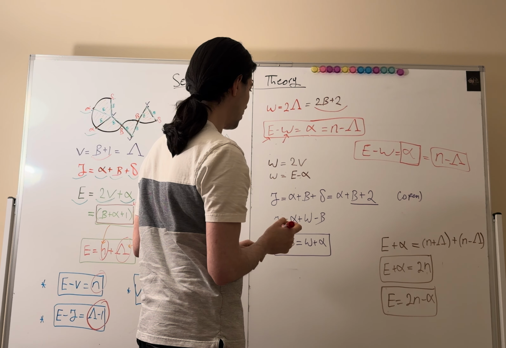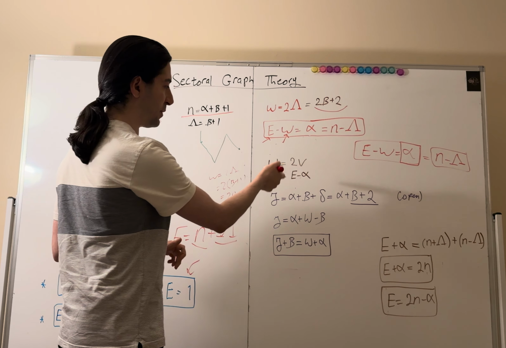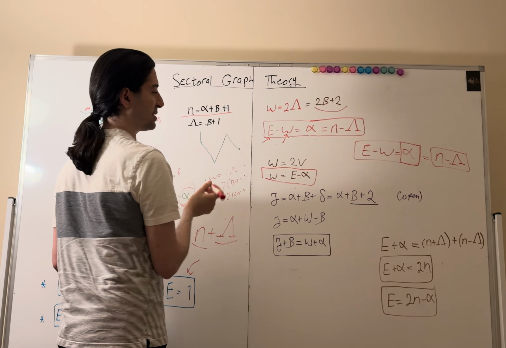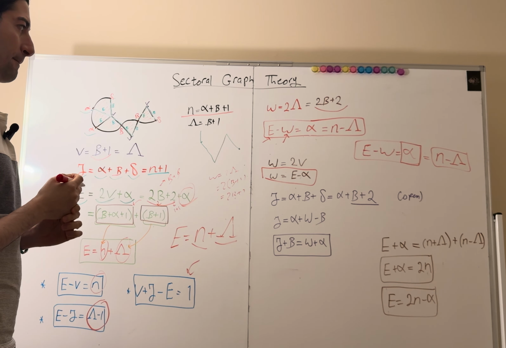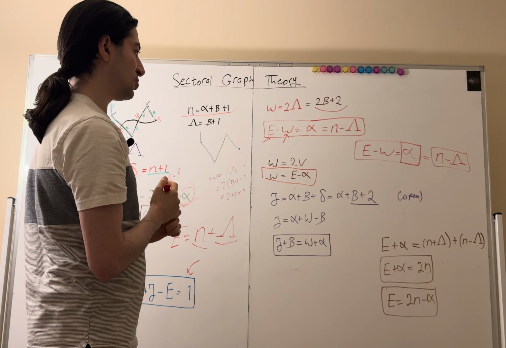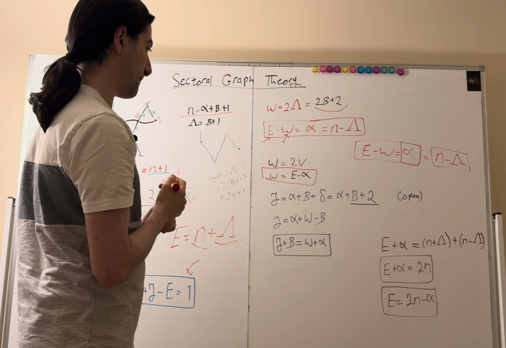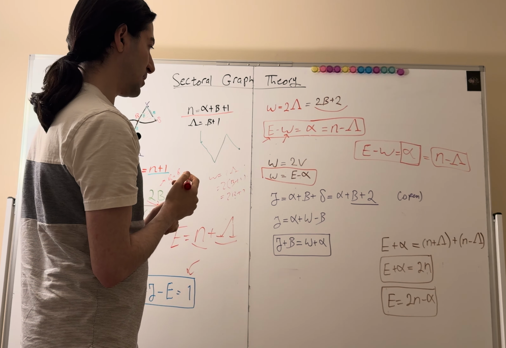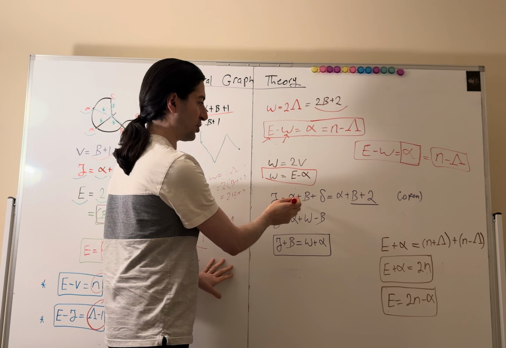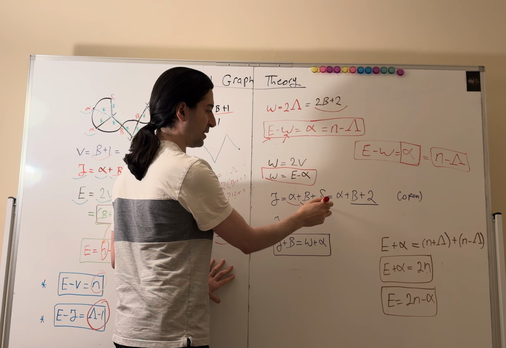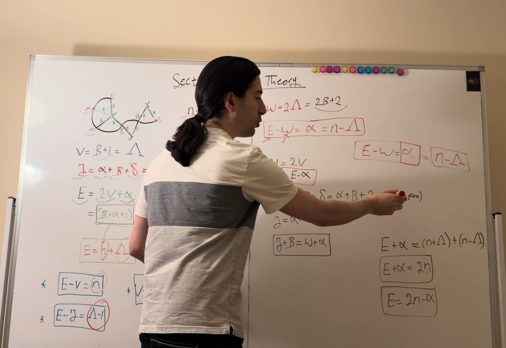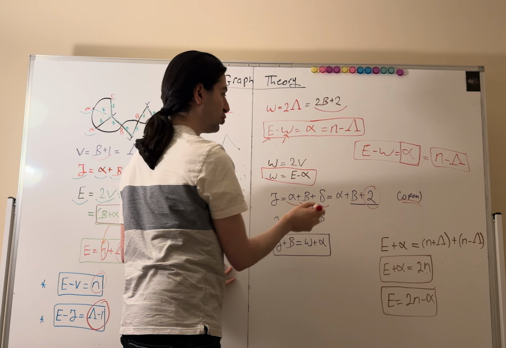What else do we have here? We know that we can rearrange this to say that the walk is equal to edges minus alpha again. Now, what if we want to look at J? We know the number of joints is equal to alpha plus beta plus delta. We know that delta in an open sectoral structure is equal to 2.